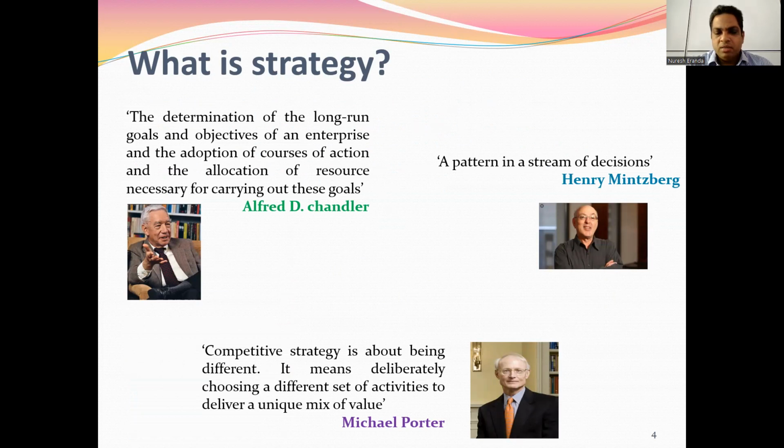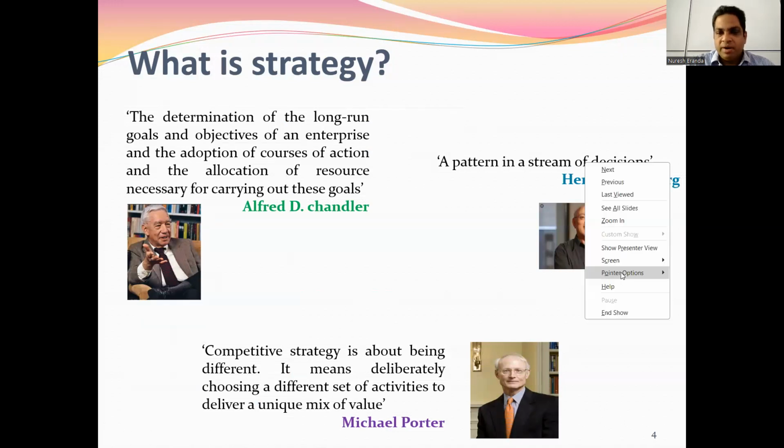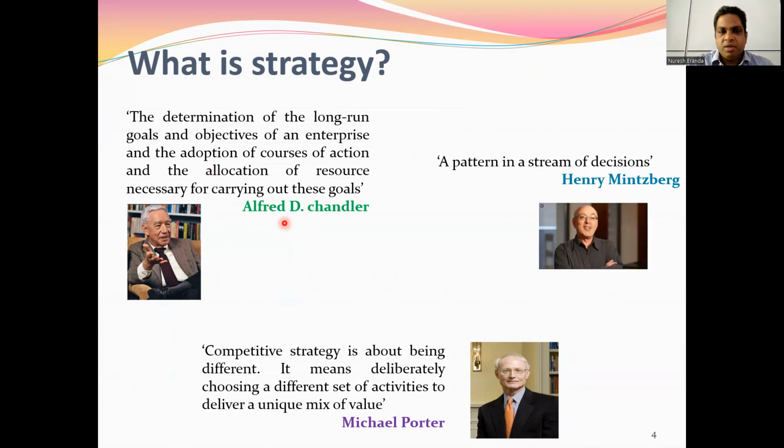So, let's look at what some of the leading scholars have said about strategy. If I go first to Alfred Chandler, he is basically telling us strategy is a step-by-step process that we have to develop. He has taken it somewhere like A to Z. Starting from A, you end up with Z. And for that, you are using long-term goals and long-term objectives.